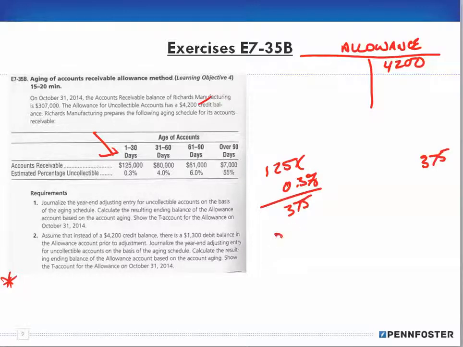Then I have 80,000 at 4%. So 80,000 times 4% is 3,200. Then I have 61,000 at 6%. Times 6% is 3,660.